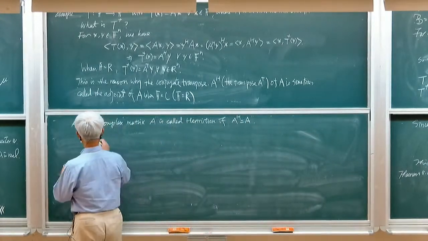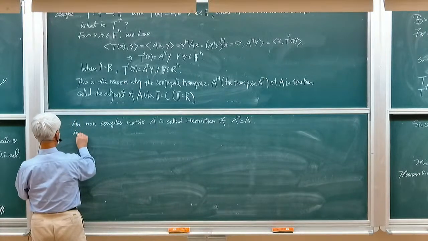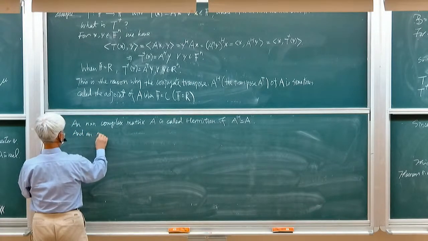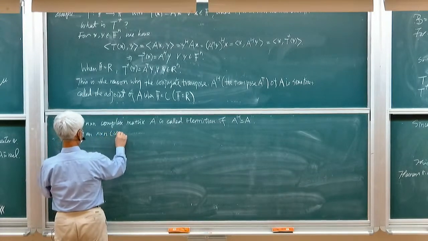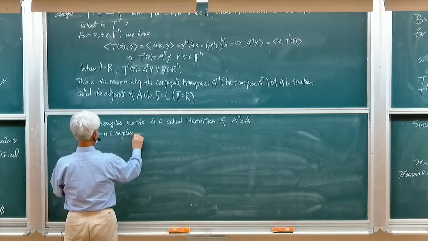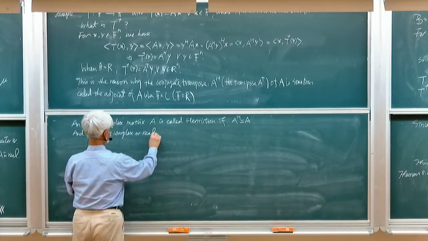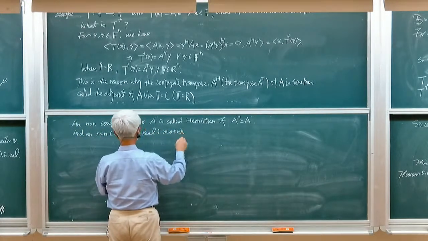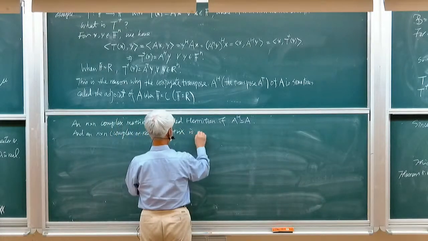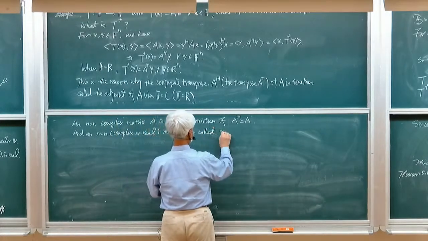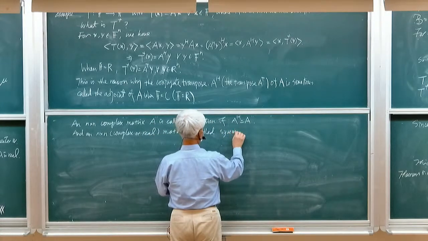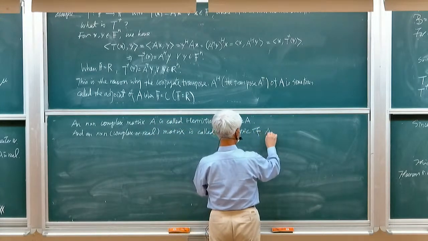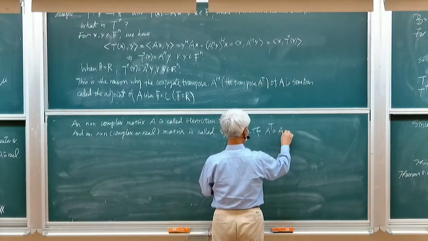And an n times n real matrix is called symmetric if A transpose is equal to A.